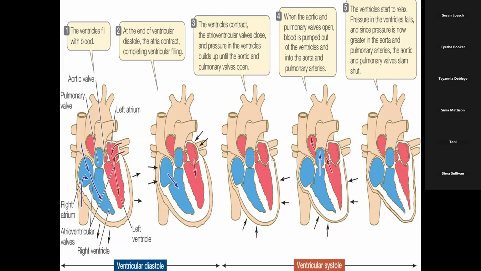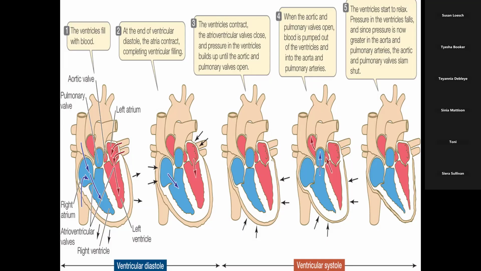Now the ventricles are going to completely fill. On the right side, we have the ventricle filling with that unoxygenated blood. Remember, that's getting ready to go up through that pulmonary valve, into that pulmonary artery, and into the lungs.